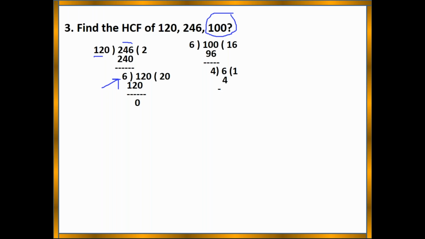Again the remainder is 2. If the remainder is not equal to 0, 2 is the divisor for the previous divisor 4. 2 2s are 4. Remainder is 0. Stop the process now. The last divisor 2 is acting as the GCD for the given numbers. That is the answer. 2 is the GCD for the 3 numbers.